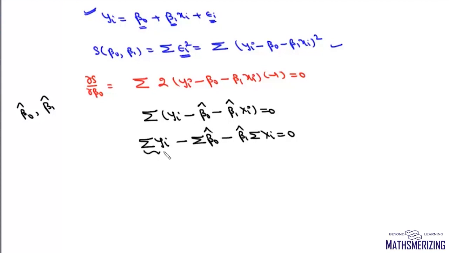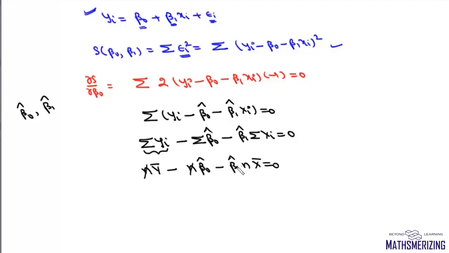Now summation yi is nothing but n into y bar, minus, now beta naught, since it is constant, we can write this as n into beta naught, minus beta 1, and summation x is simply n into x bar, and it will be equal to 0.